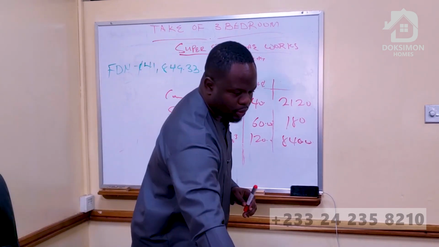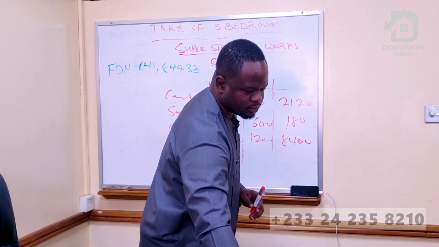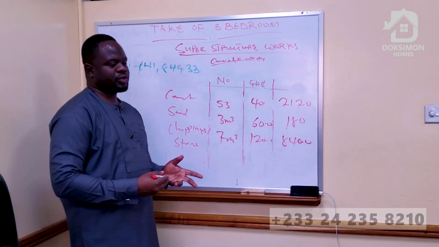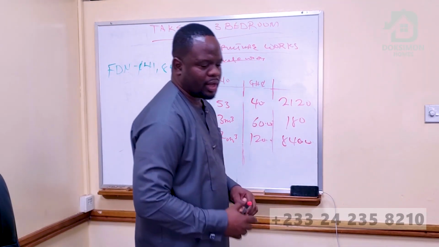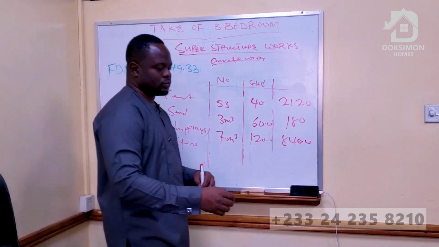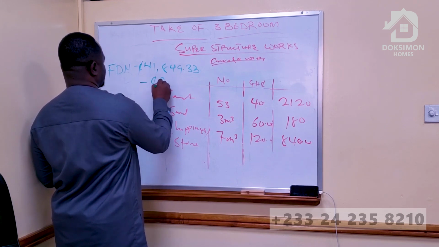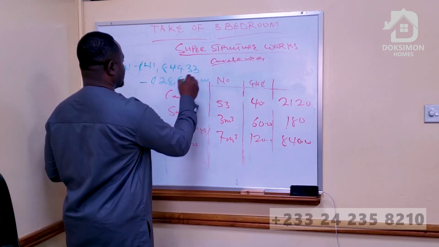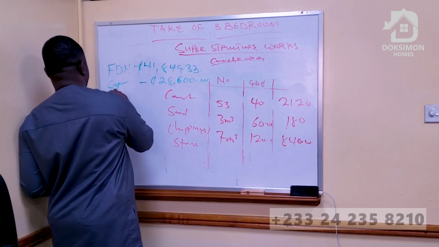All right, so we're going to move to the slabs. The slabs, the plastering, the formwork, they all come together, and it all amounts to 28,600 Ghana cedis for our superstructure.